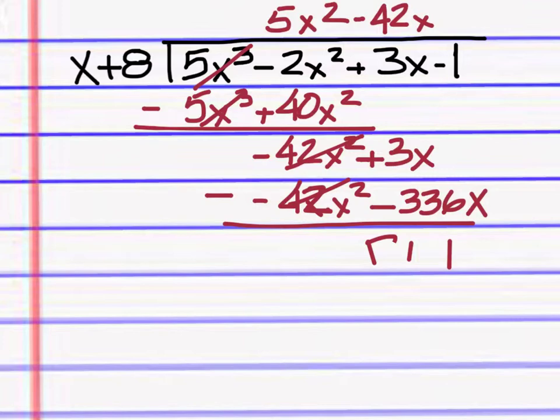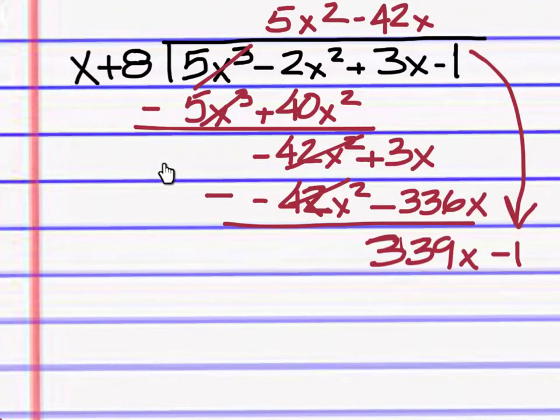Hit the wrong button. And I need an x right there. So I'll drop the minus 1 that comes from there. I have to multiply this by 339 to get 339x. So plus 339 will give me 339x there.